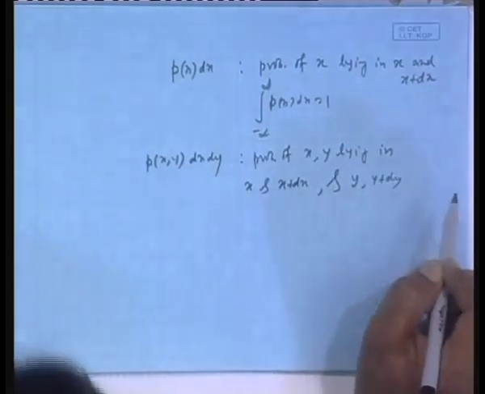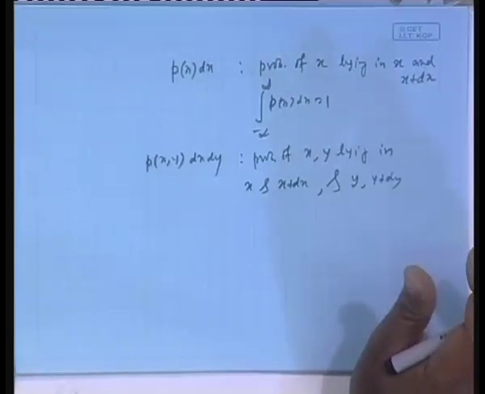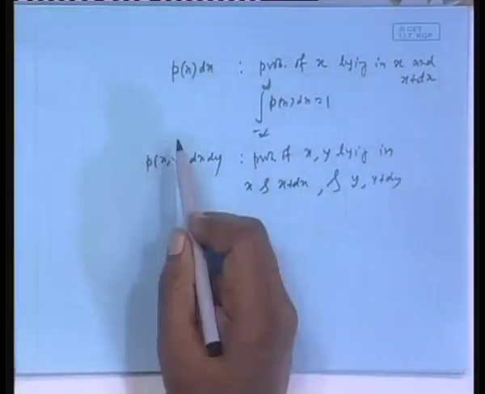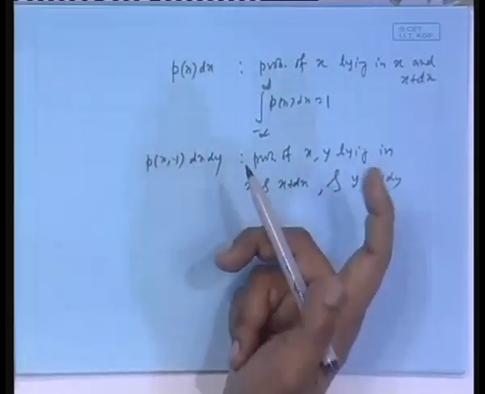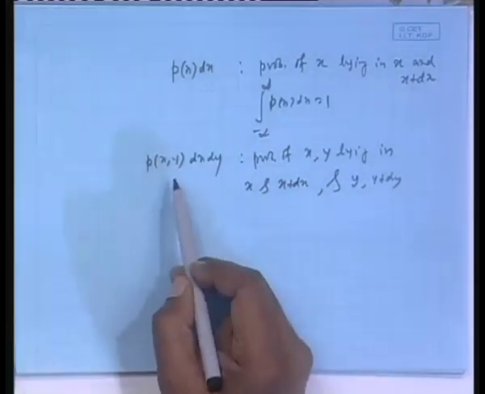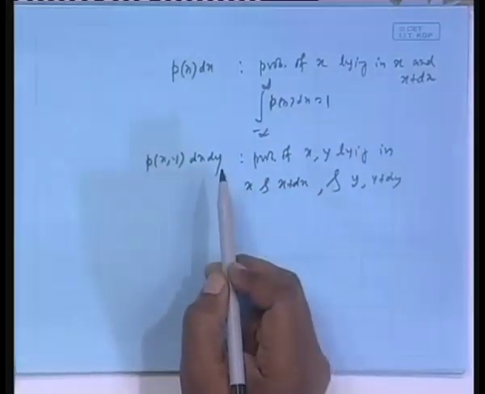Okay. So, once again if you double integrate it over the entire range of x and y, you have to get the same constant. Then instead of double, you can have multiple, like p(x,y,u,v).